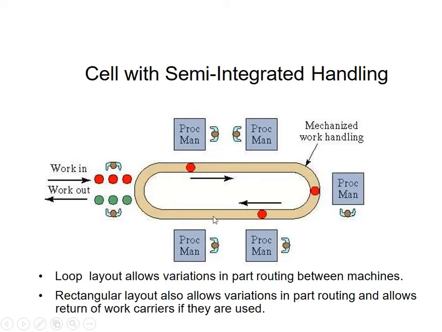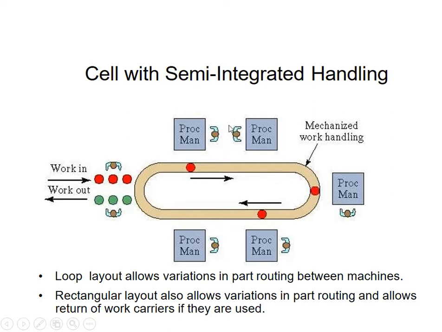And next to this we have the cell with semi-integrated handling. As the name implies, it is integrated with an automatic system along with some manual workers, where the mechanized work handling system will be circling in a loop or cycle, and the workpieces will be kept as input over here and will move along this cycle of operations.